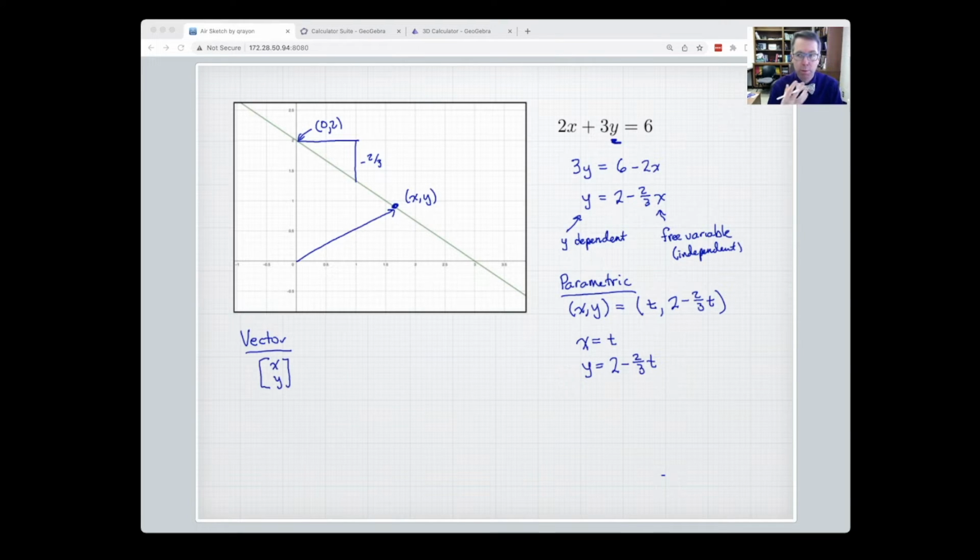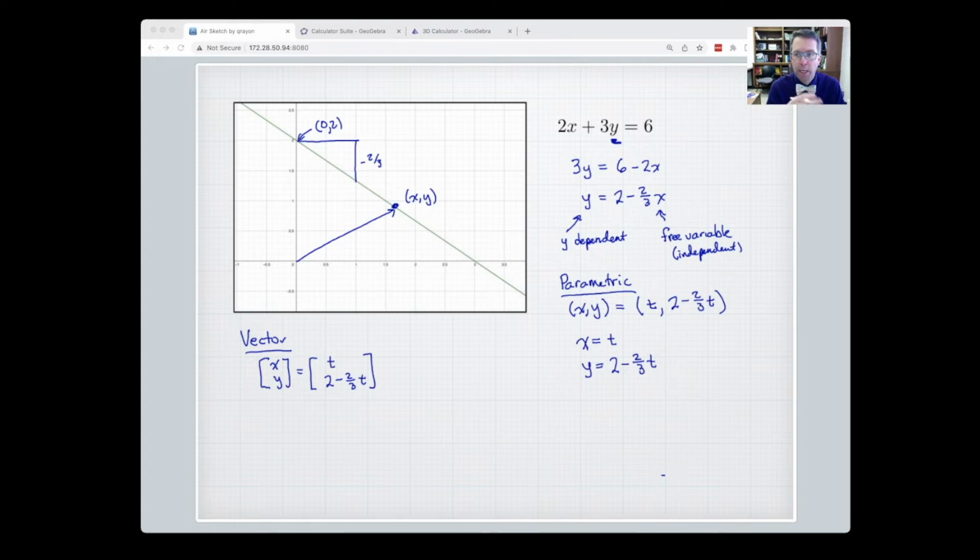And so the point (x, y) we now think of as a vector (x, y). We're going to represent our vectors as column matrices. We're just going to put in our parametric formulas. In the x-coordinate position, we're going to put the formula t. In the y-coordinate, we're going to put the formula 2 minus 2/3 t.